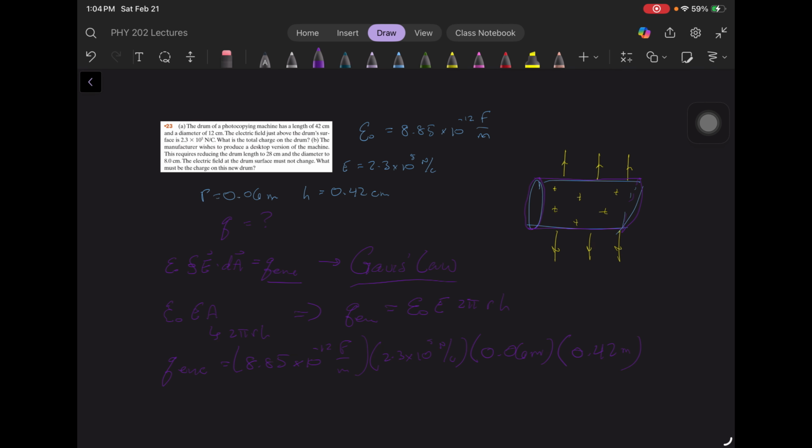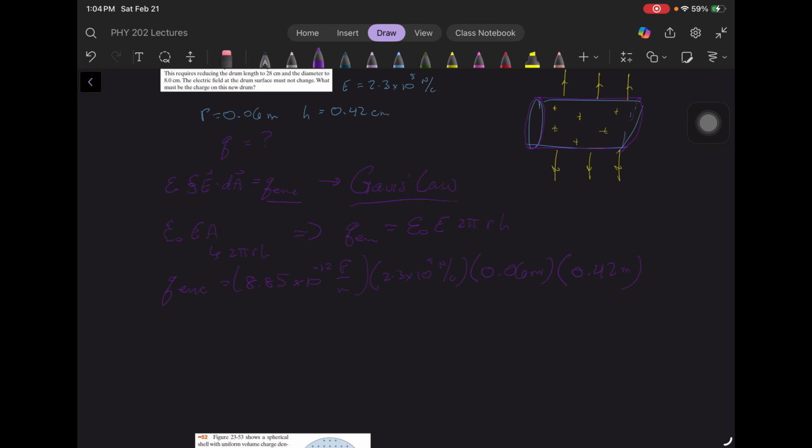We go ahead and plug all this in, and we get Q enclosed is equal to 3.2 times 10 to the negative 7 coulombs. Okay, cool. So not a lot of charge, but a whole lot of electrons.